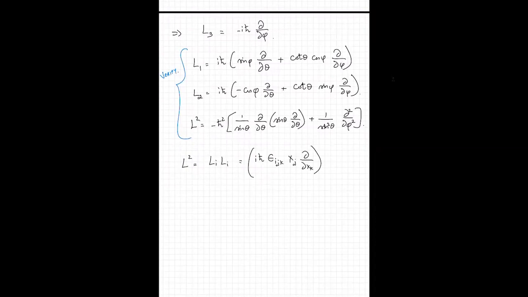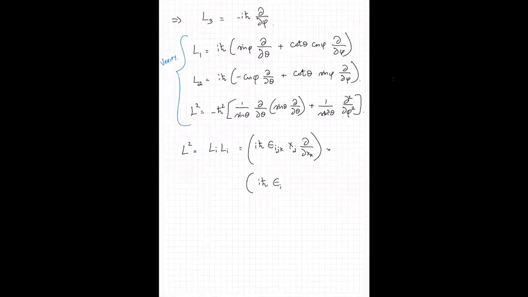Now I have to multiply this with itself. So I have to multiply this with iħ. Now this is i, so the first letter is i, but I should be careful. I should not use the same symbols to sum over because j and k are dummy indices. They are summed over. So let me use a different set of indices, ilm, xl ∂/∂xm.